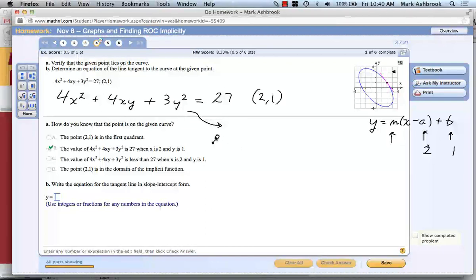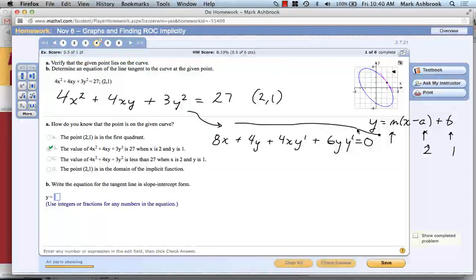So we have 8x plus 4y plus, I'm going to go fast, 4xy prime plus 6y y prime equals 0. Okay, and so then we'll have y prime times 4x plus 6y equals negative 8x minus 4y.